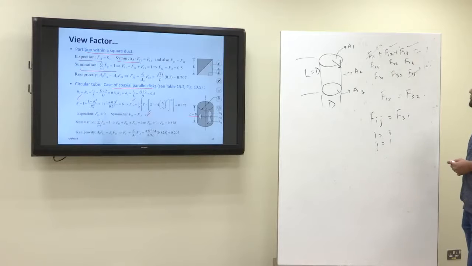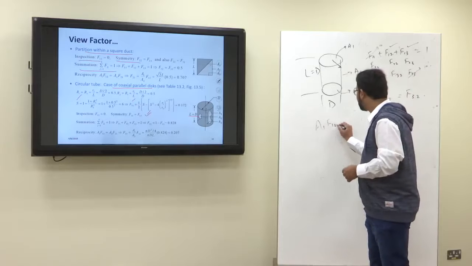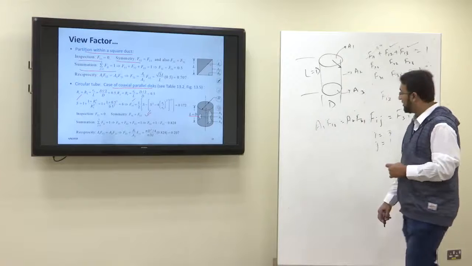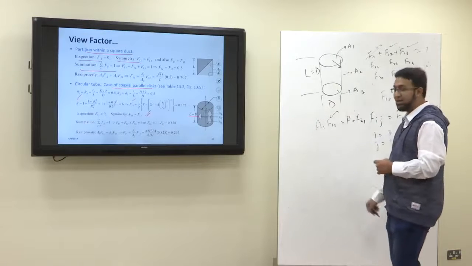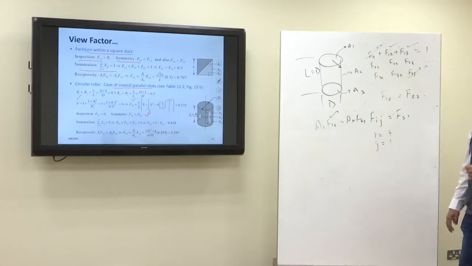If you know F12, you can find F21 by the reciprocity relation, the same relation we have been using: A1 F12 equals A2 F21. Now F12 is known. Area 1 and area 2 are known. What is area 1?